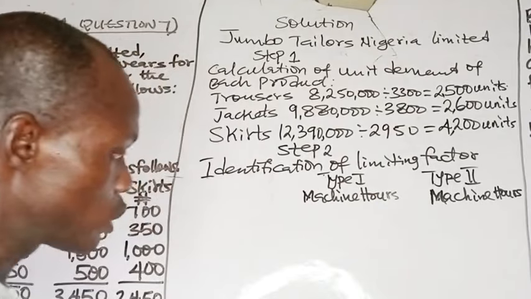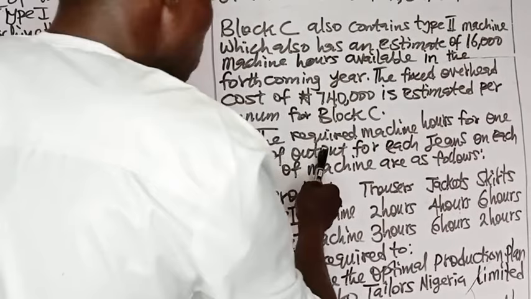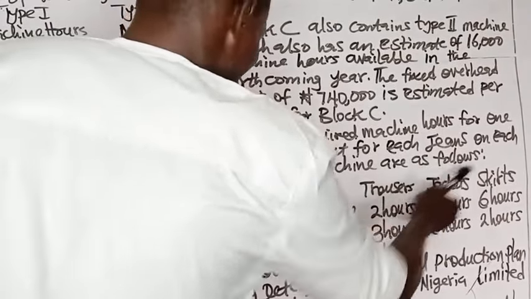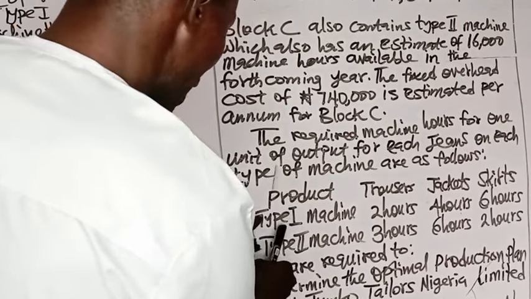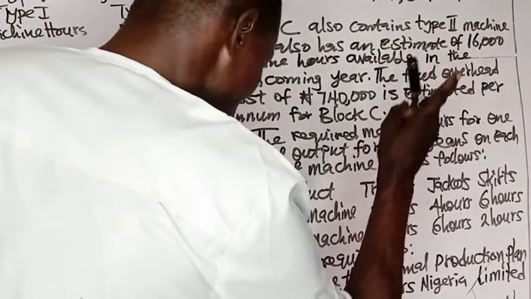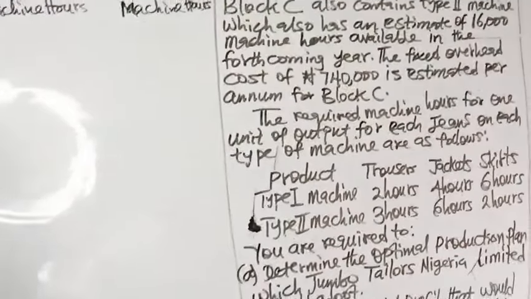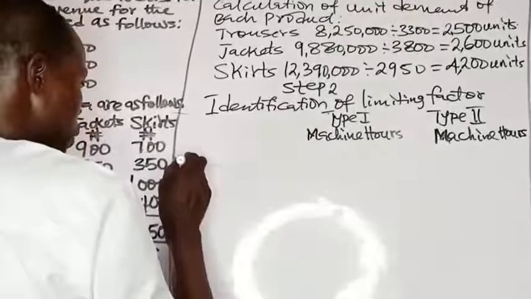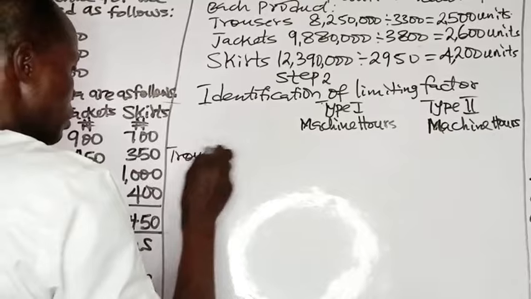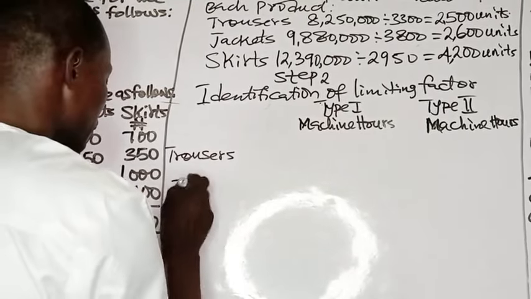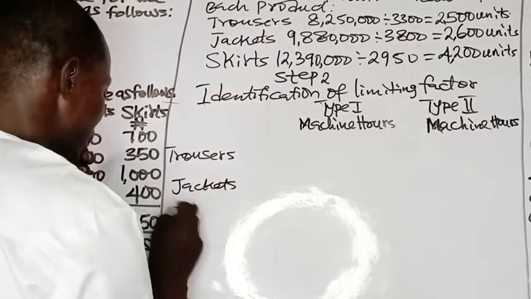So if you go through the question, you were given the required machine hours for 1 unit of output for each genes on each type of machine as follows. So these are the machine hours required for 1 unit for type 1 and type 2. So we have 3 products: trousers, jackets, and you also have skirts.